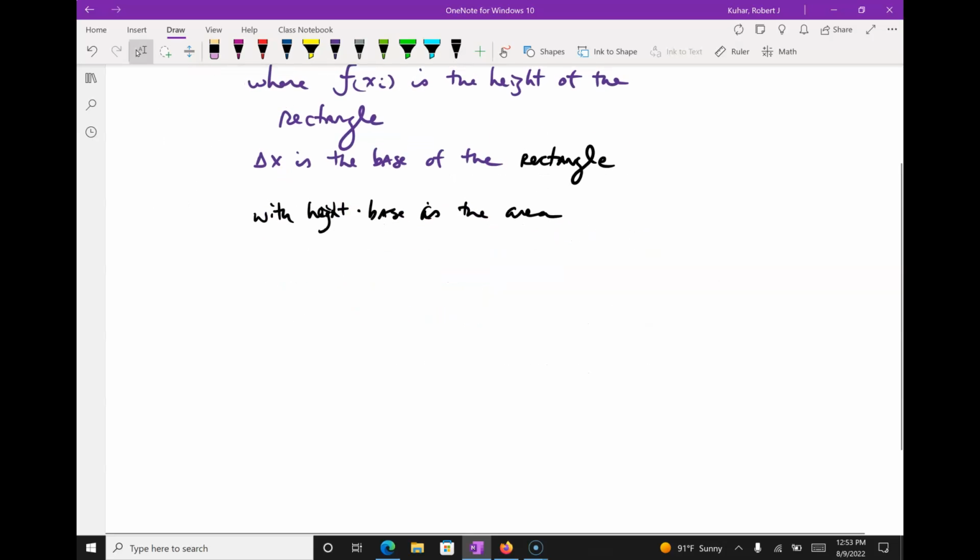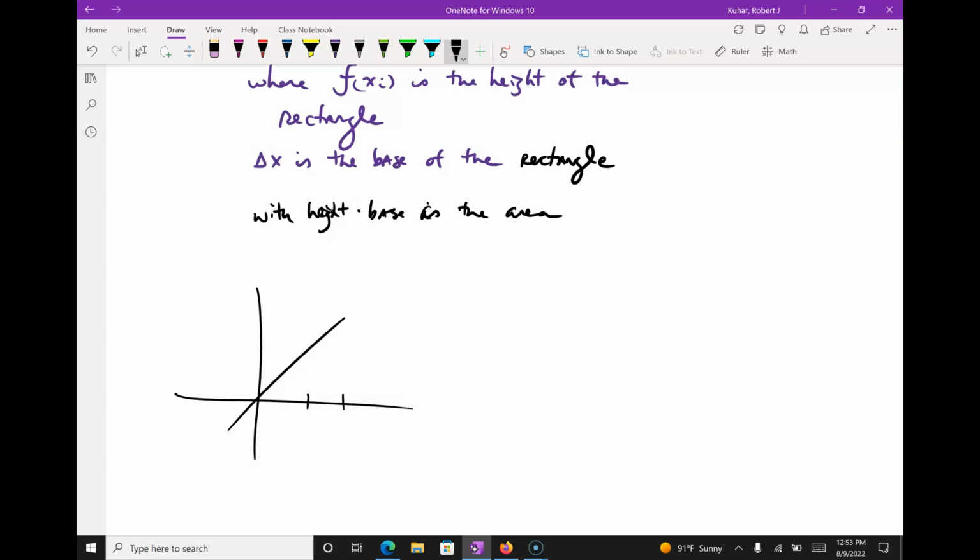What do I mean by right-hand rectangles? If we look at our same problem as before, and I'm going to choose to use 4 rectangles, I go up to get the height of the rectangle on the right side of the rectangle.